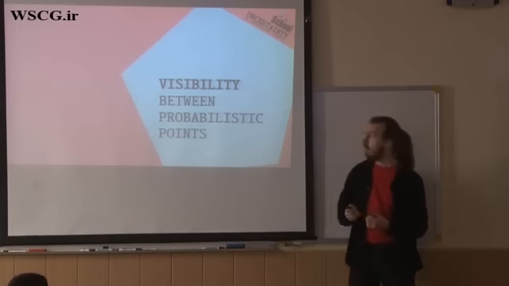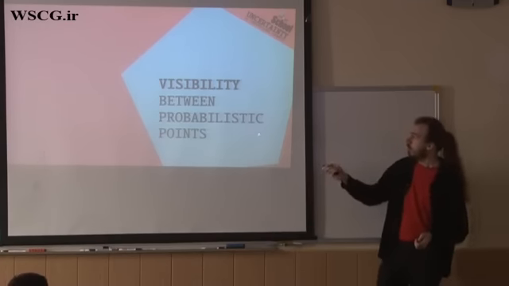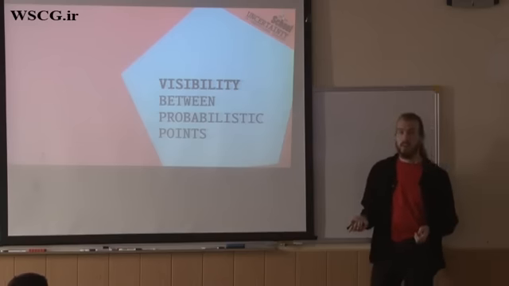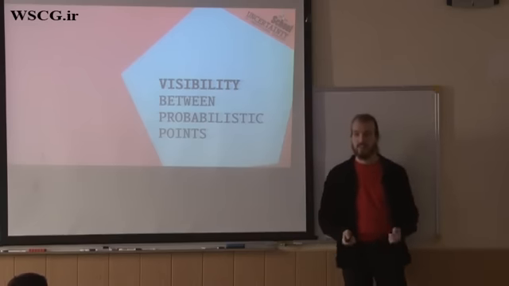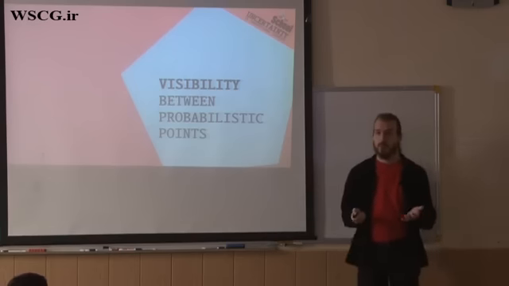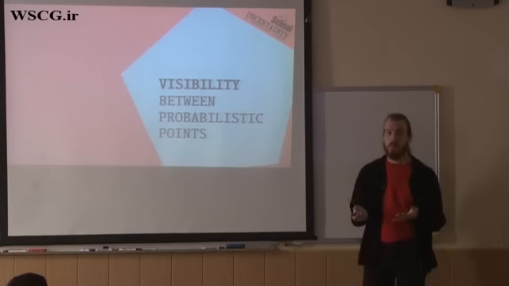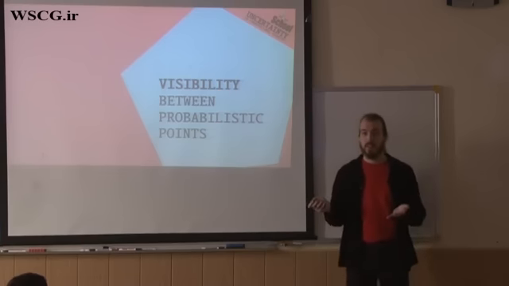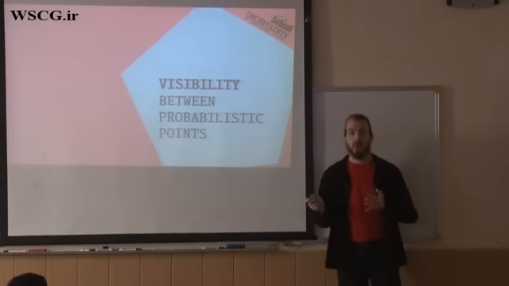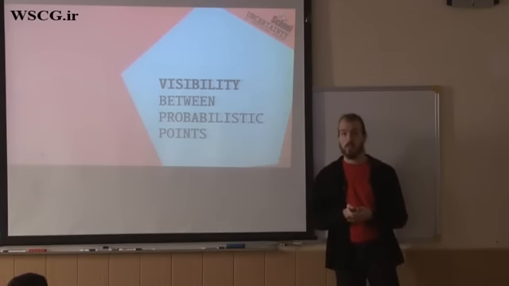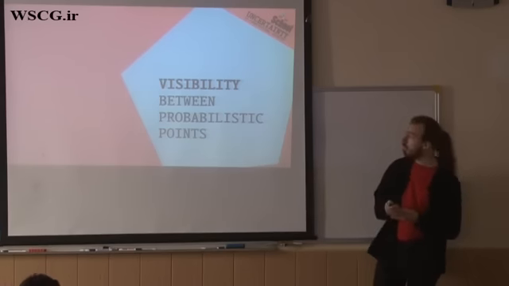So I just want to briefly talk about visibility problems between probabilistic points. And we'll see here that if we use a point set to approximate a continuous distribution in a visibility problem, this may not give any guarantee on the approximation ratio or the quality of the computed result. And so we have to do something else.